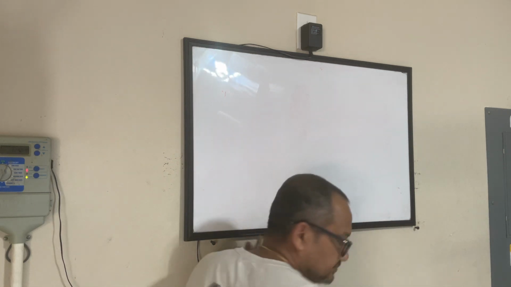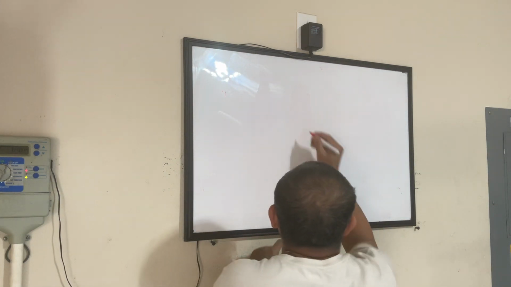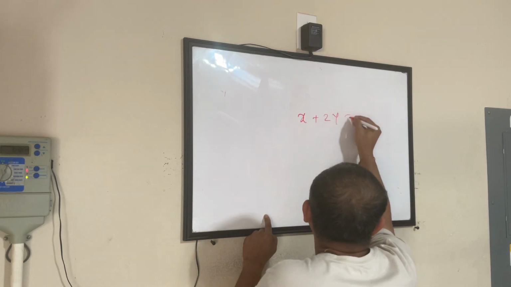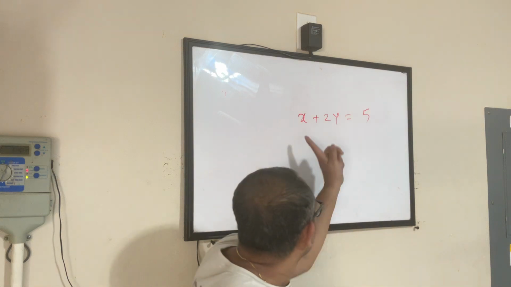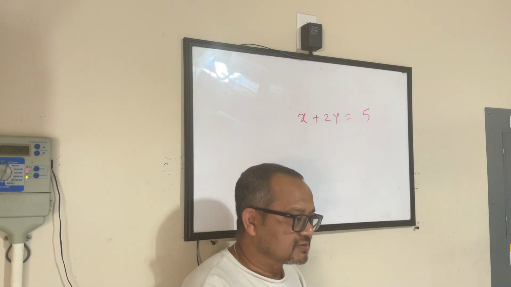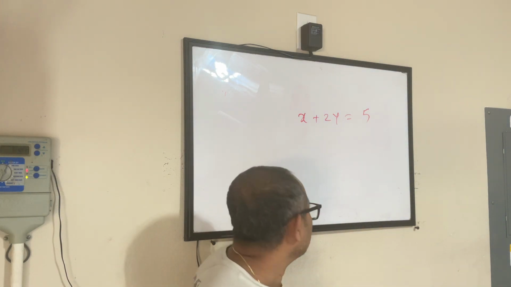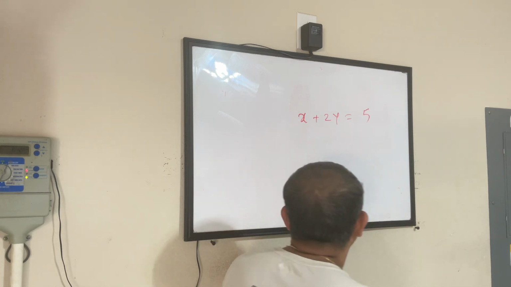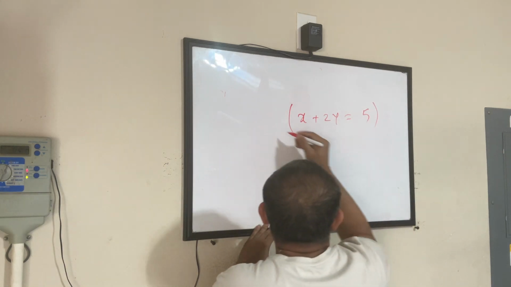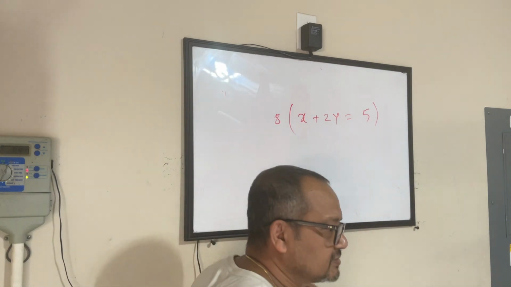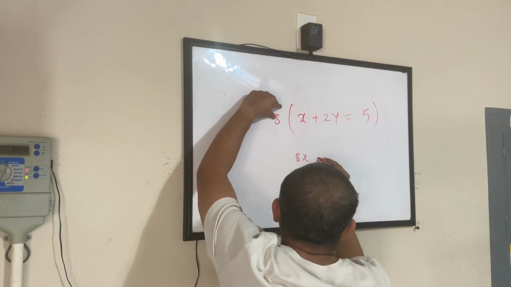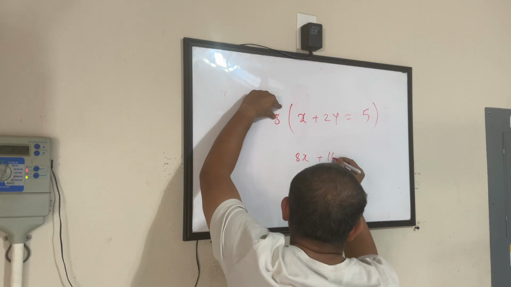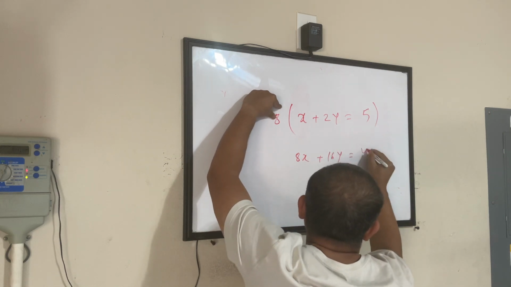Let's say I have one equation x plus 2y equal to 5. I don't like x without a number against it. I don't know why. Okay, fine. If I don't like it, multiply all by 8. What happens? This becomes 8x plus 16y equal to 40.